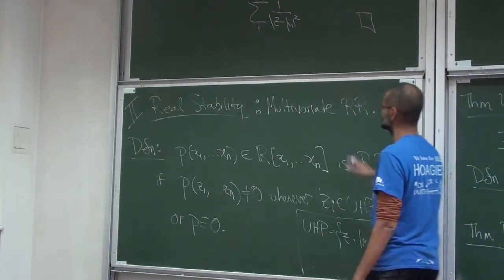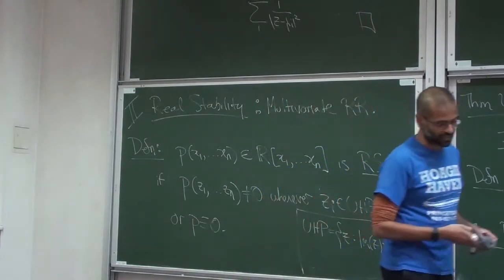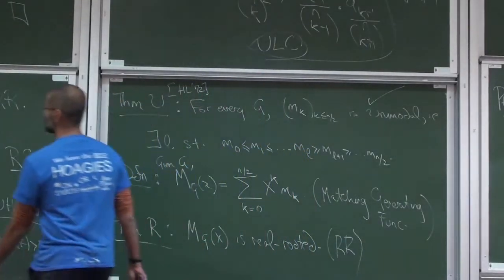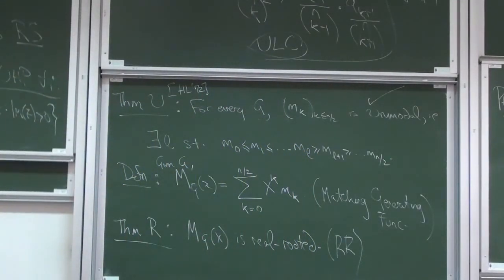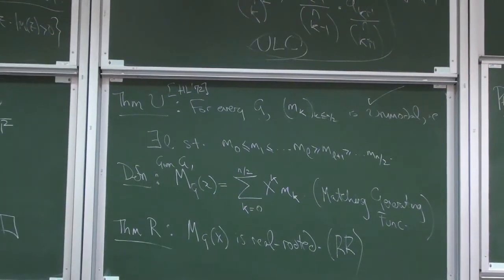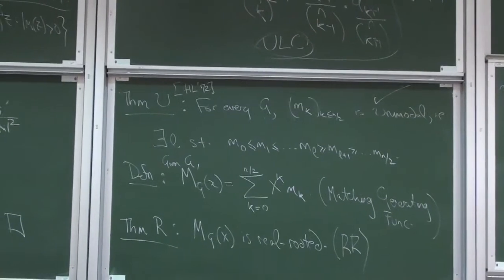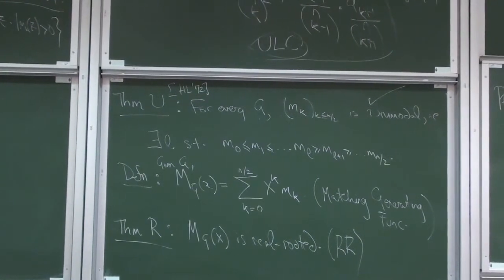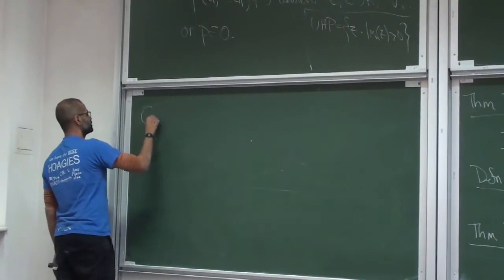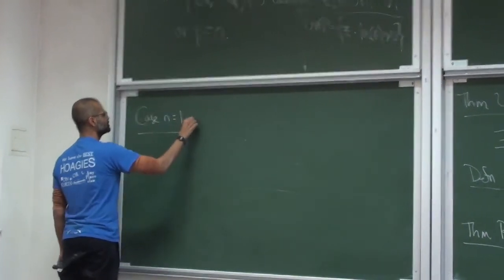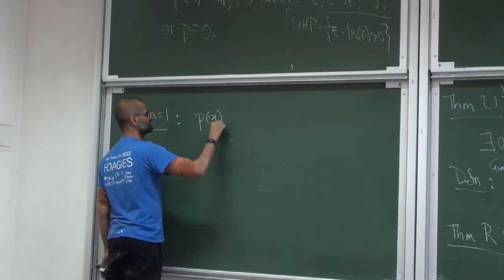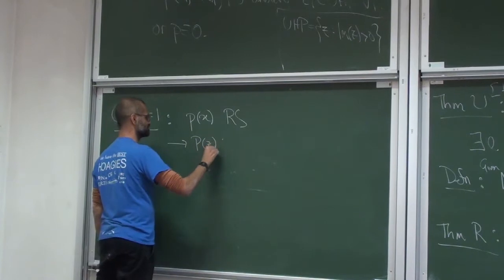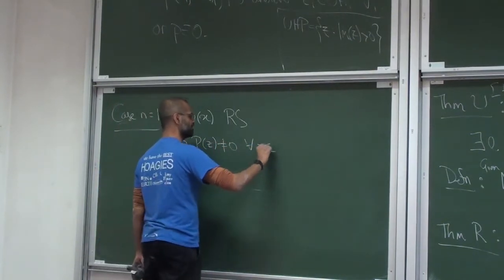So I said this is a generalization of real rootedness. So first let's check that it actually is a generalization. Okay, so the case of one variable. Suppose P(x) is real stable. What does this mean? This means that P(z) is not 0 for all z in the upper half plane.